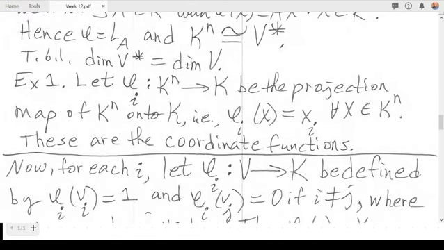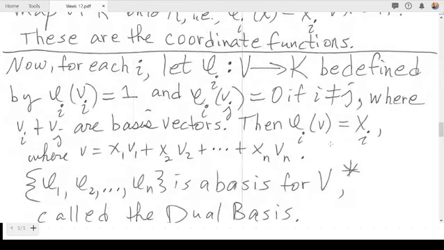Example 1. Let phi sub i be the functional going from K^n to K, the projection map of K^n onto K, where phi sub i of x equals x sub i for all x in K^n. These are called the coordinate functions for V star.